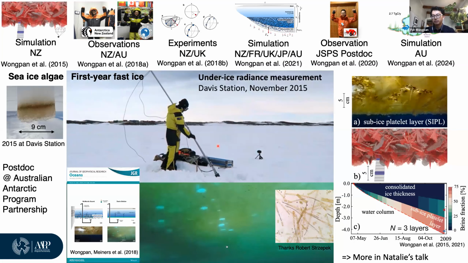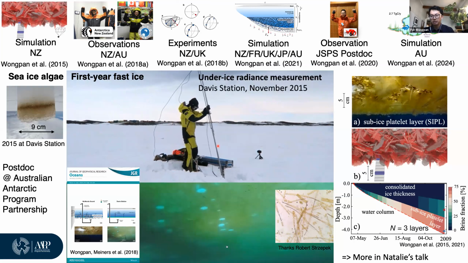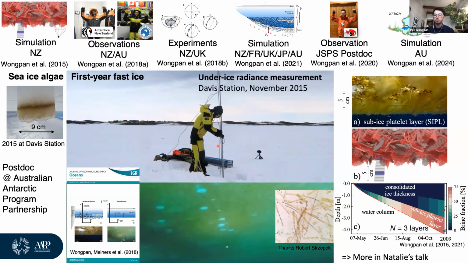And just a brief history of myself. I'm from Thailand originally. I did my master's and PhD in New Zealand with Pat Langhorne, Inga Smith, and Dave Pryor at the University of Otago. I joined Antarctic expeditions during my PhD at Scott Base and also at Davis Station, also with Petra Heil in 2015. We did observations, measuring the light transmission through snow and sea ice and absorbed by sea ice algae.